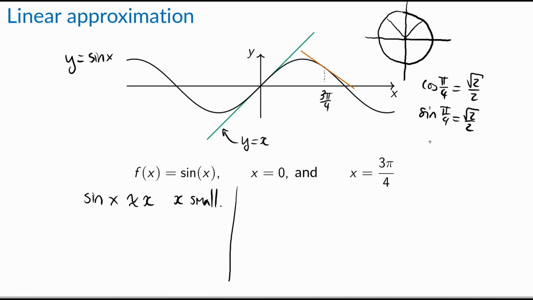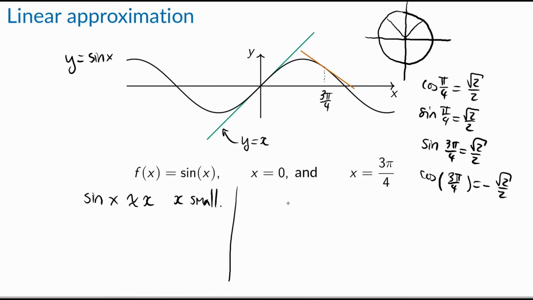Now, by looking at the symmetry of this picture, we see that sine of 3 pi by 4 is exactly the same thing as sine of pi by 4, so we get root 2 over 2 here. And then cosine is going to be the opposite, so that's going to be negative root 2 over 2.